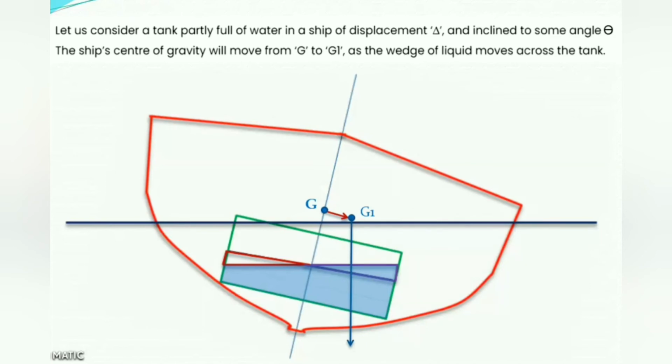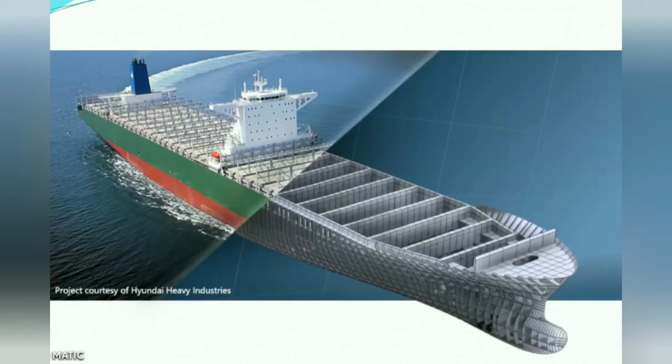If we extend this line further upwards, it would be intersecting the center line somewhere. Now this vertical line makes an angle with the center line, called the angle of heel. This is theta. The ship has been assumed as floating with displacement delta.